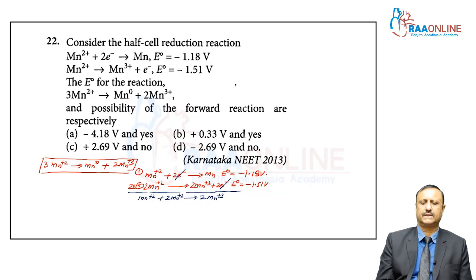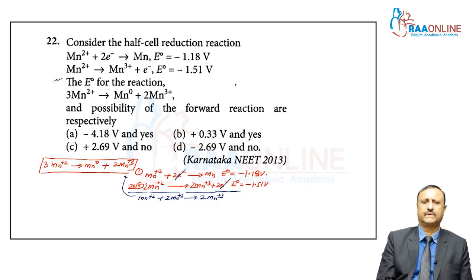My dear students, this is the half reaction, and this is the half reaction. So you can add these E naught values, because you get the EMF of the cell.